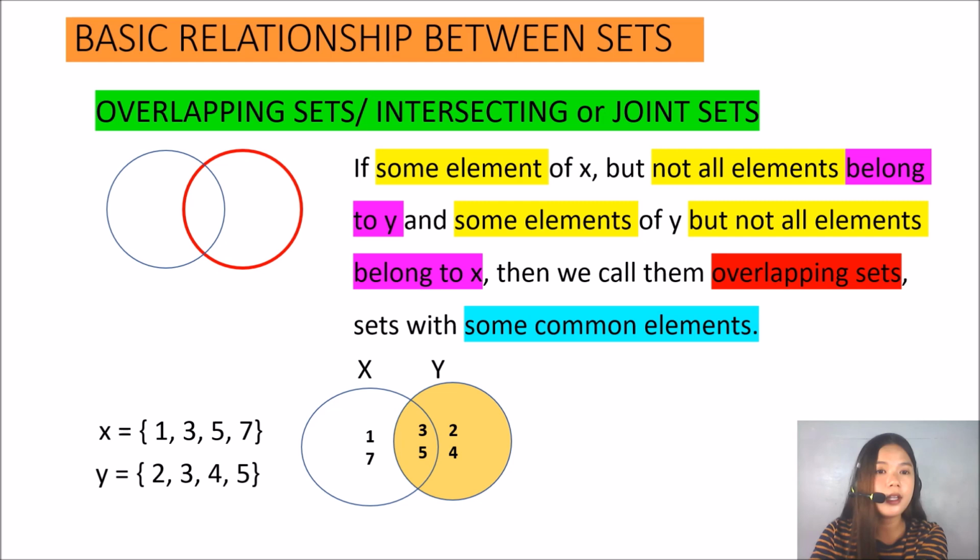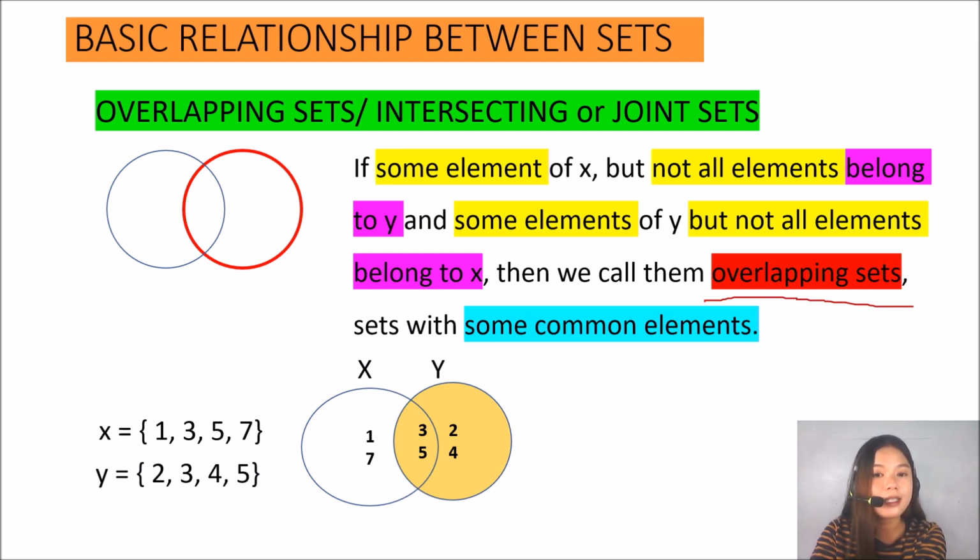And the next relationship is overlapping sets, or intersecting or joint set. Ano naman po to? If some element of X but not all elements belong to Y, and some element of Y but not all elements belong to X, then we call them overlapping set.